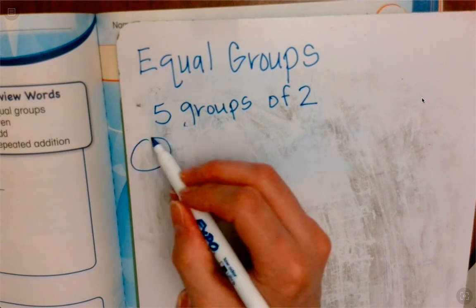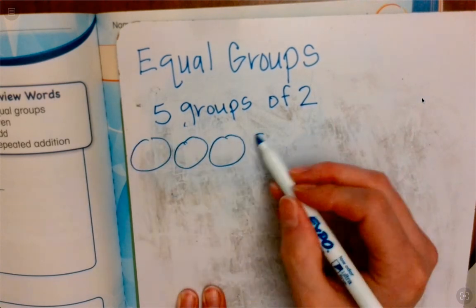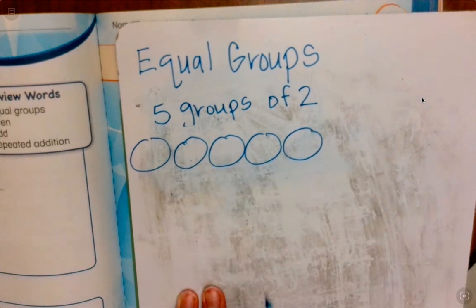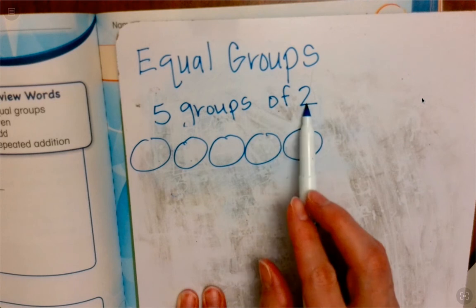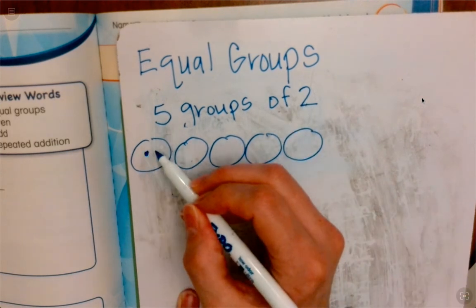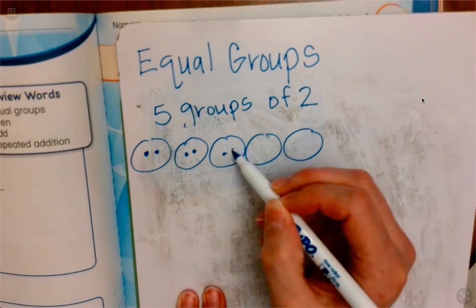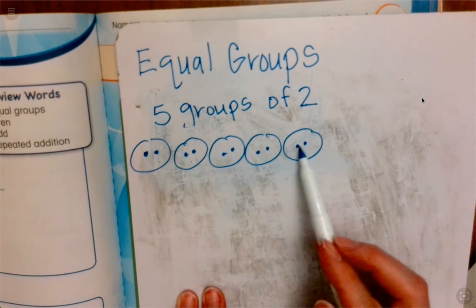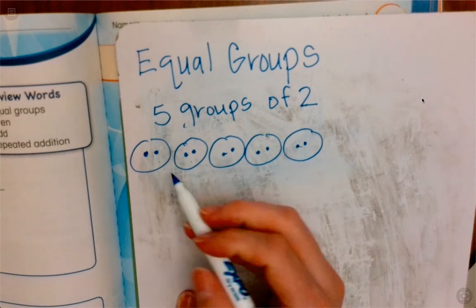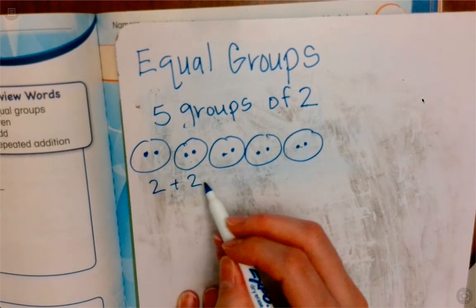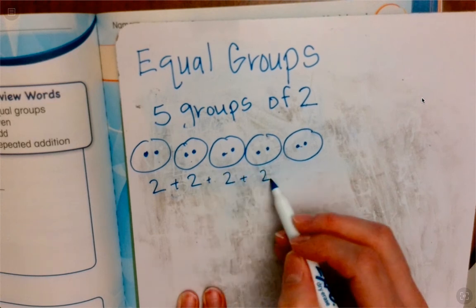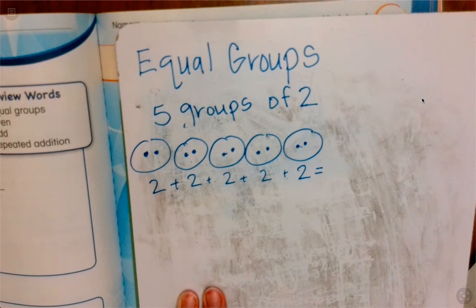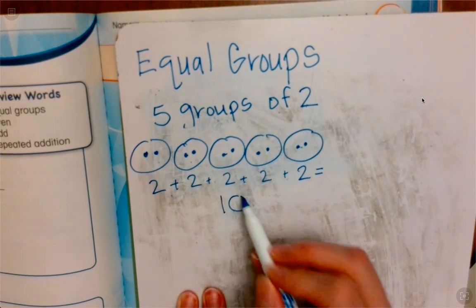So I've got a group, group, group, group, group, right? It's 1, 2, 3, 4, 5 groups. 5 groups of how many in each group? 2, 2, 2, 2, 2. How many people do I have? 2 plus 2 plus 2 plus 2 plus 2. What does that equal? Should have said 10.